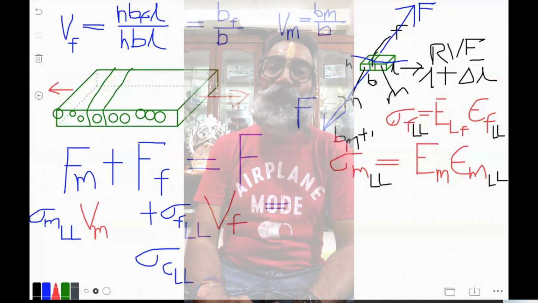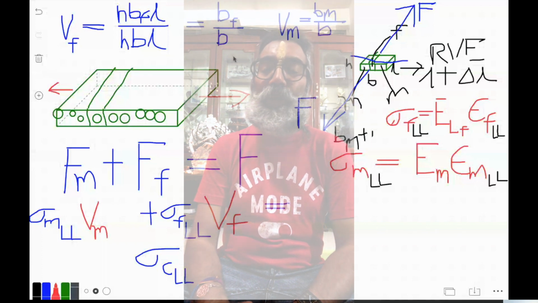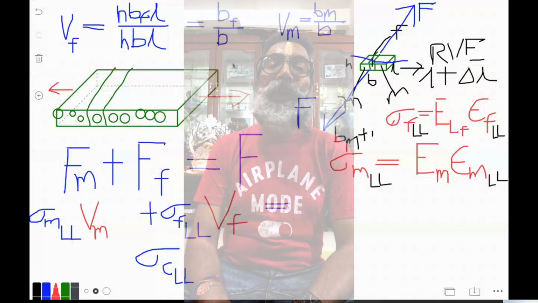So therefore that force acting on this is the same as the force which is acting on this, because if you take a cross section over here or anywhere for that matter, whether it's in the fiber or in the matrix, that force is going to be the same.